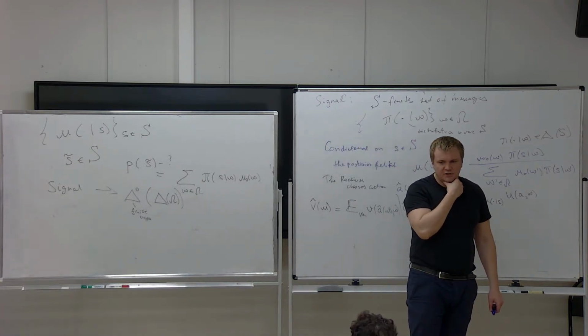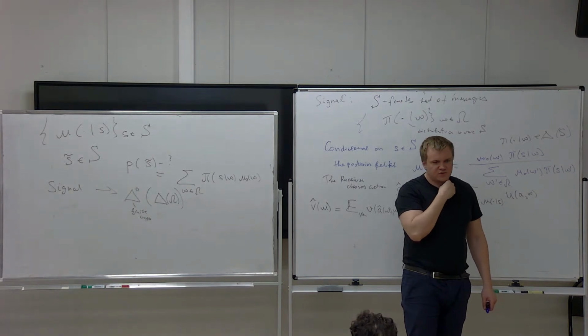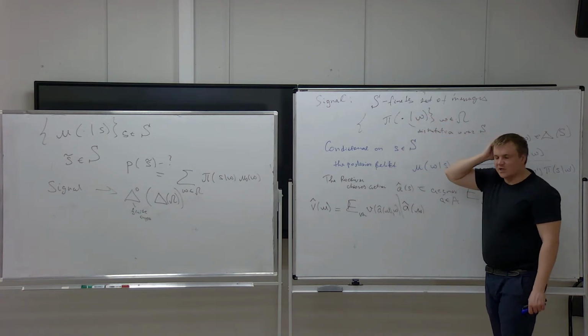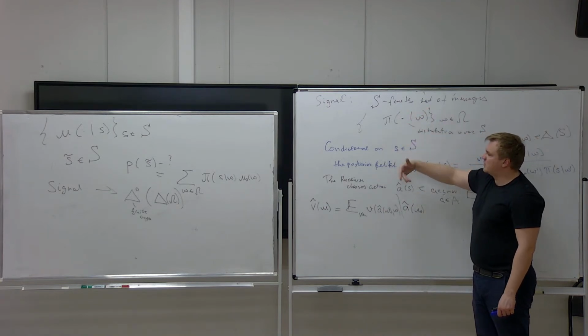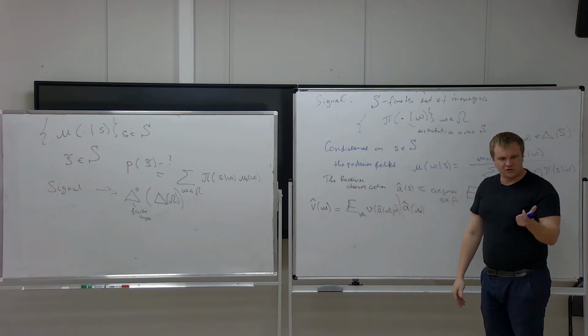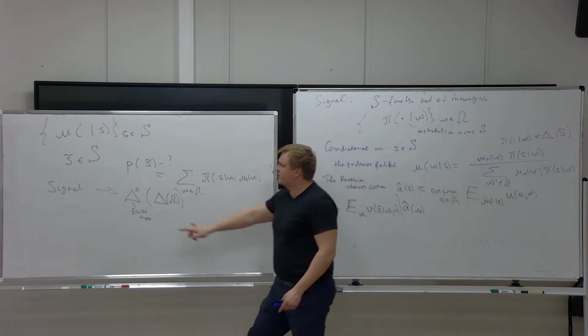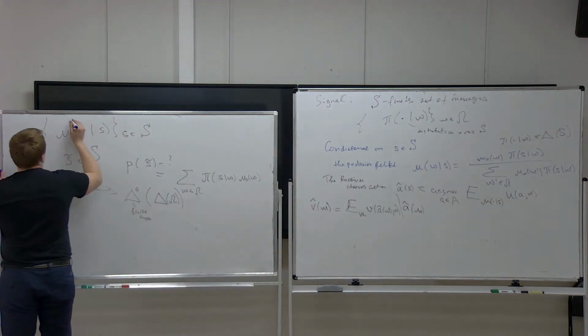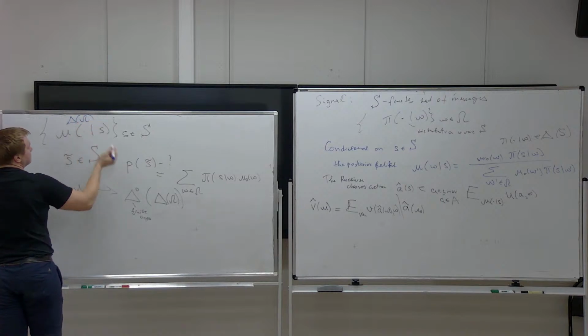Is it clear? So here is what happens, once again. We have a signal. The signal generates some possible messages. Conditional on a message, we get a well-defined posterior distribution, which is in delta omega.